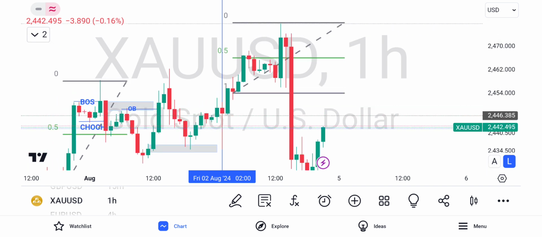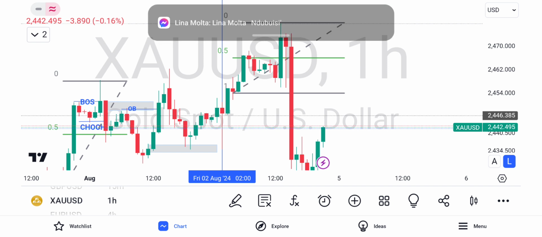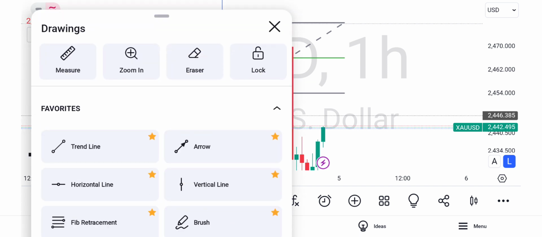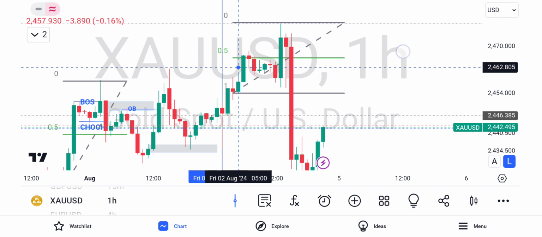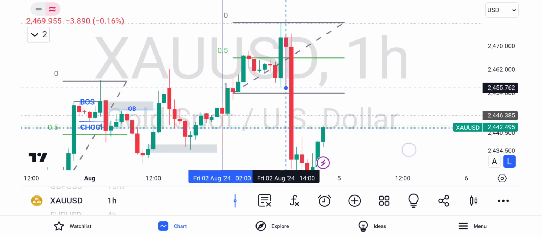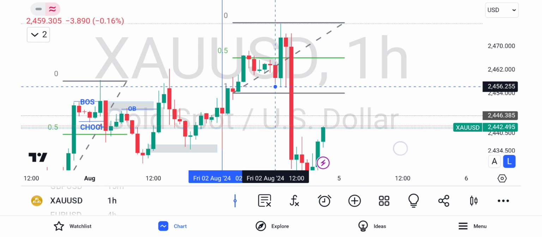Now in this analysis, you would discover that price, before the NFP, got to this point and retraced down to exactly 56.